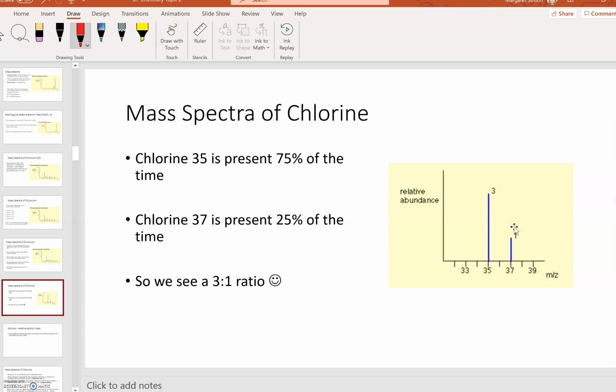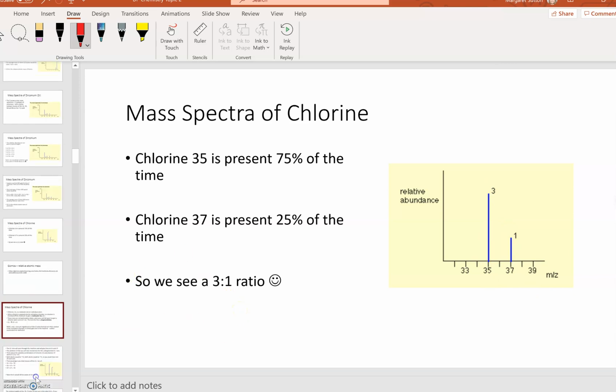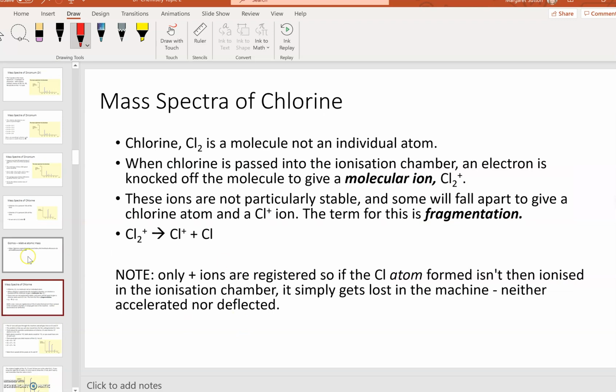When we do mass spec for topic 11.3, we will use this a lot more when we're talking about the mass spectrometry of molecules. So there's a 3-to-1 ratio, there are 2 isotopes. This one's present about 75% of the time, and this one's present 25% of the time. We could go forward and do a calculation, and we'll do that.